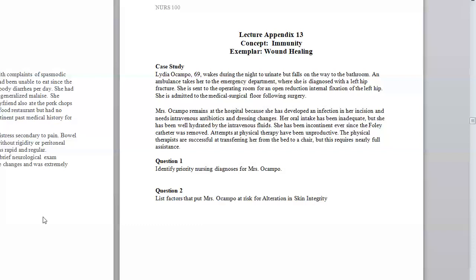She also has impaired tissue perfusion as evidenced by infected incision. She also has a history of Alzheimer's, which you didn't know about, but this was a character in my nursing lab, and Lydia Ocampo is beginning to show signs of dementia and Alzheimer's. So she has chronic confusion, which is probably a lot of the reasons why she's not drinking enough, and she's been incontinent as well.